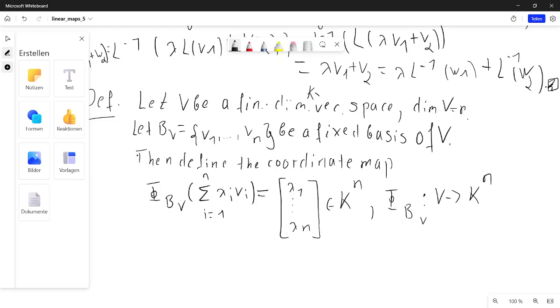Why did I write it like this and not for any vector V?